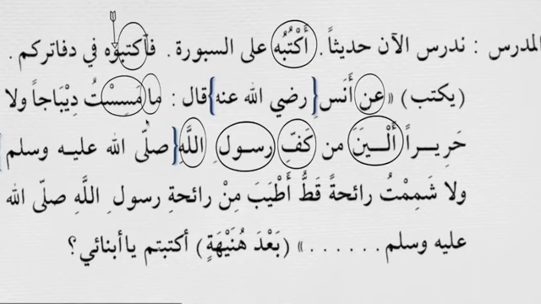See how this is formed. Wala shamimtu, nor have I smelled. So how do we analyze la here? This is la again, to compare. So neither have I touched anything, nor have I smelled. Shamma, then it becomes shamimtu, meaning I smelled.